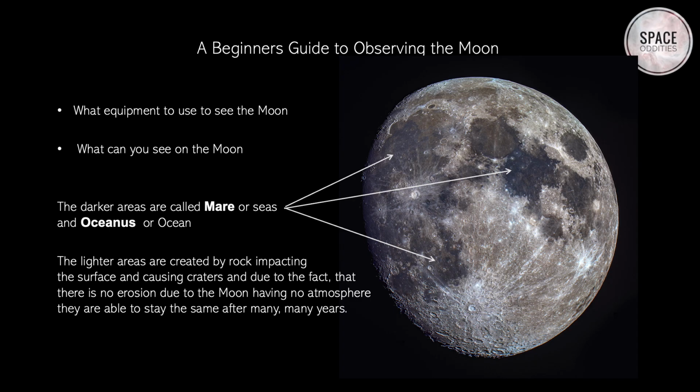Now, you might notice that there are some craters which have rays coming out. Now, these are obviously from the impacts where rocks hit the surface and strewed material across the surface of the moon.